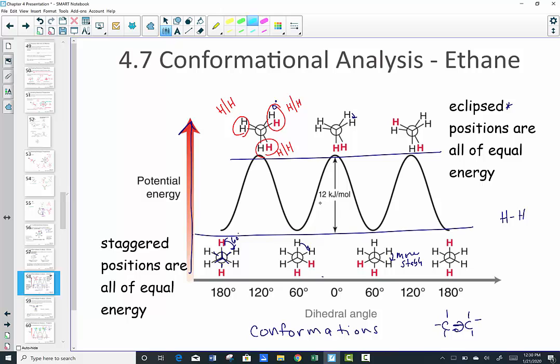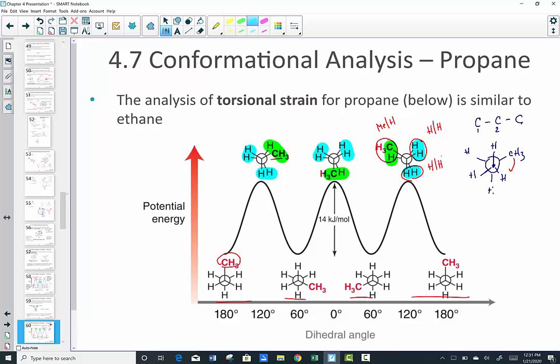Notice that this was 12 kJ per mole. The interaction for propane is 14 kJ per mole, simply because the methyl to hydrogen interaction is even less stable. Because the methyl group is bigger, it's going to need more room. And when I put those eclipsed positions in there, it creates high strain in that molecule.